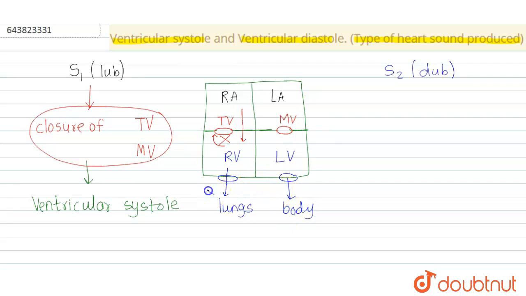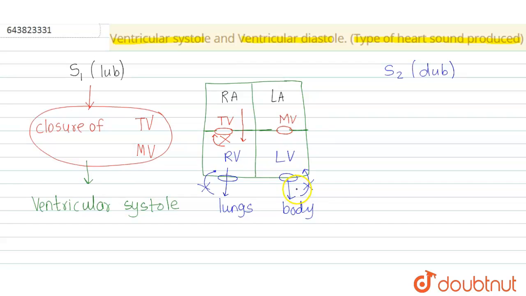Can it go in reverse? No, it cannot. To prevent that reverse flow, we have a valve between the right ventricle and the lungs, called a semilunar valve. Similarly, we have a semilunar valve between the left ventricle and the body, to prevent reversal of blood flow from the body to the left ventricle.